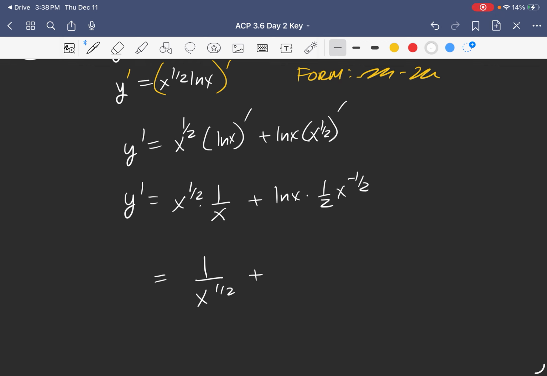Is that right? Yeah, 1 over x to the 1/2. And then plus the natural log of x over 2x to the 1/2.